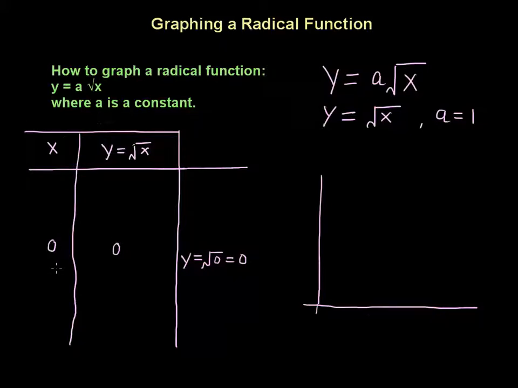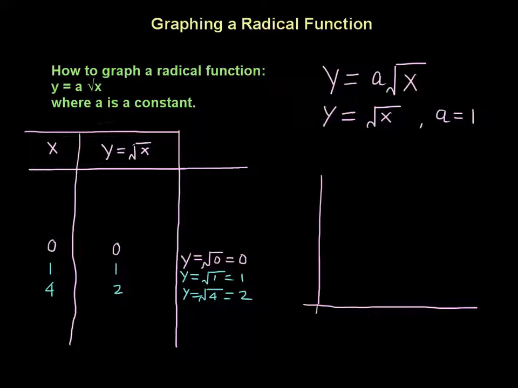Now let's choose x as 1, because I want y to be whole numbers. Then y becomes the square root of 1, which is 1. Let's choose x as 4, because then y will be the square root of 4, and that will be 2, a whole number.